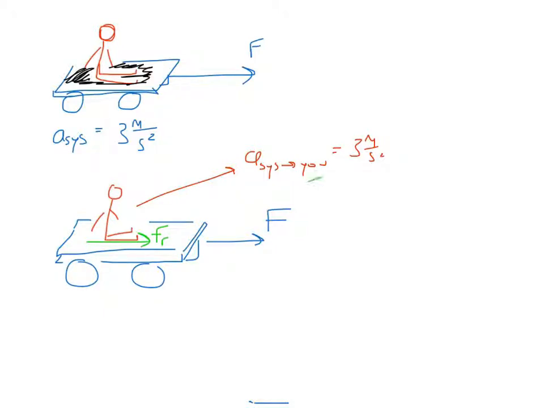The net force on you, the system of you, equals the friction force, and there is nothing else. Yes, I'm sorry, there are forces acting in the y direction, but you're not moving up or down, you're moving horizontally. So I should say the net force on you in the x direction is the friction force and nothing else. That is why you're moving forward with the cart, and that is why you have the same acceleration as the rest of that car system right there.